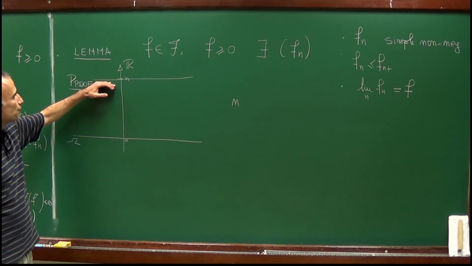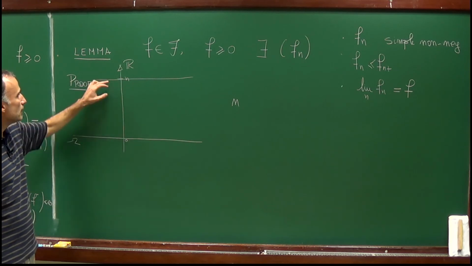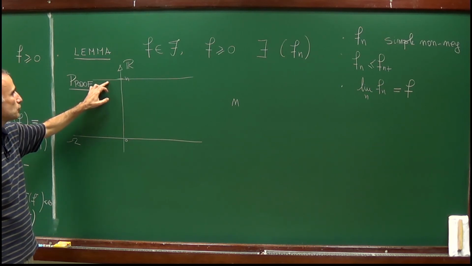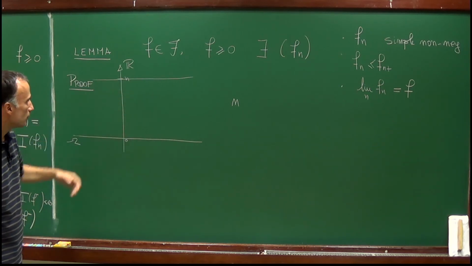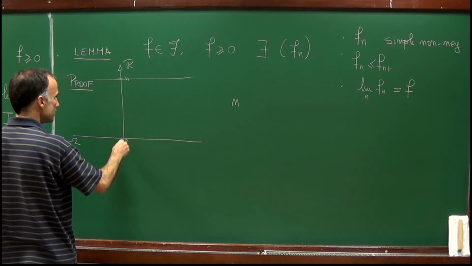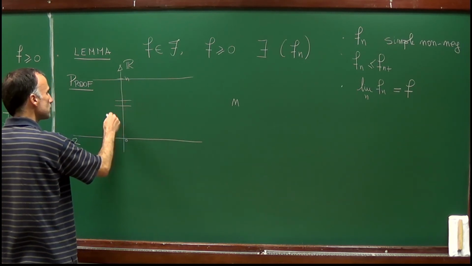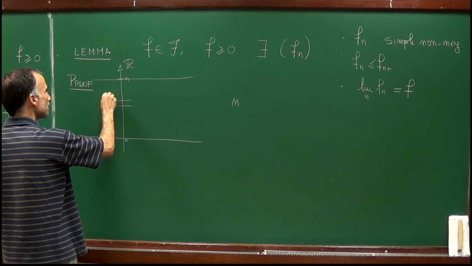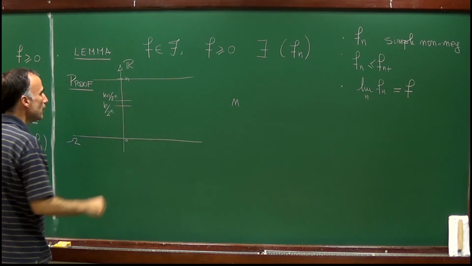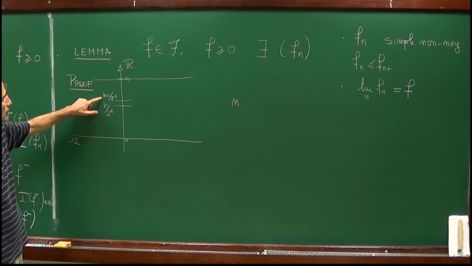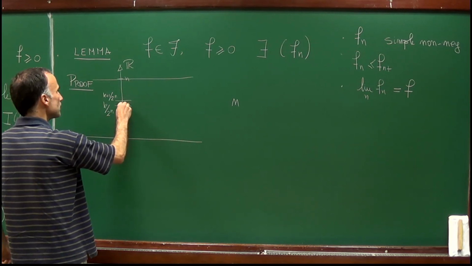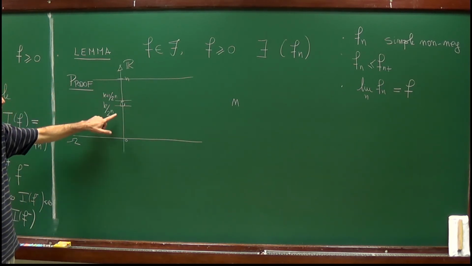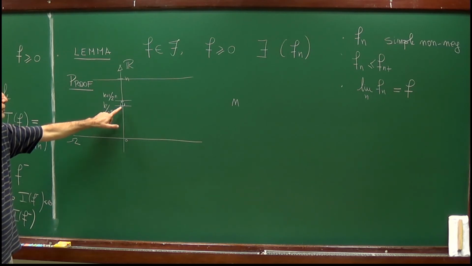If the function f has a value at some point x larger or equal than n, we will define fn of x to be equal to n. While we will divide this interval 0 to n in small intervals of type k over 2 to the power n, k plus 1 over 2 to the power n. In this interval, we'll take it closed in k over 2^n and open in (k+1) over 2^n, we'll define fn as equal to k over 2 to the power n.